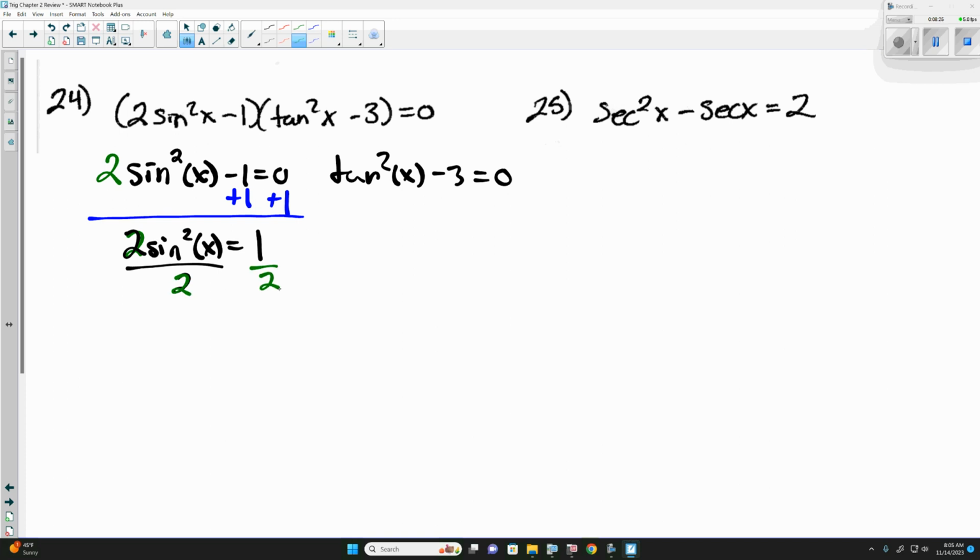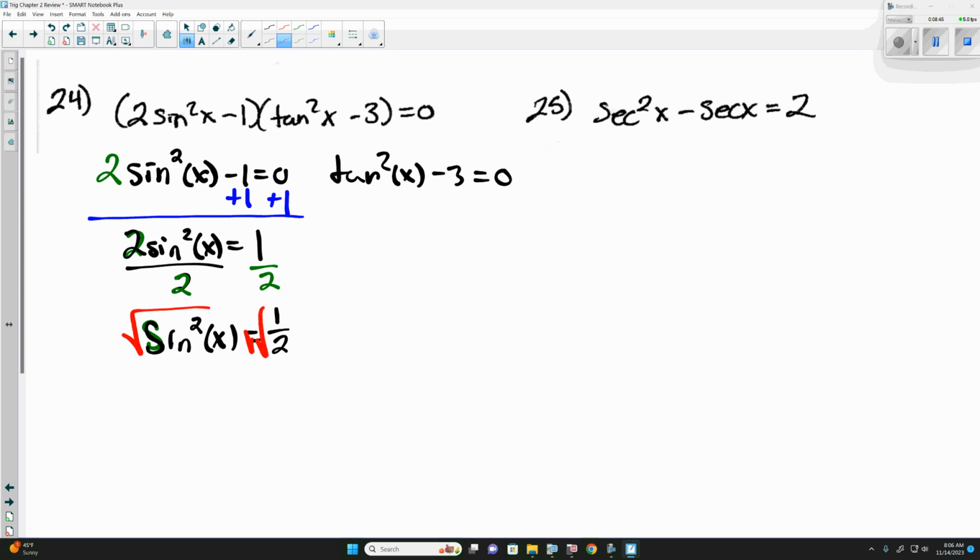Divide both sides by 2, telling us that sine squared of x is equal to 1/2.